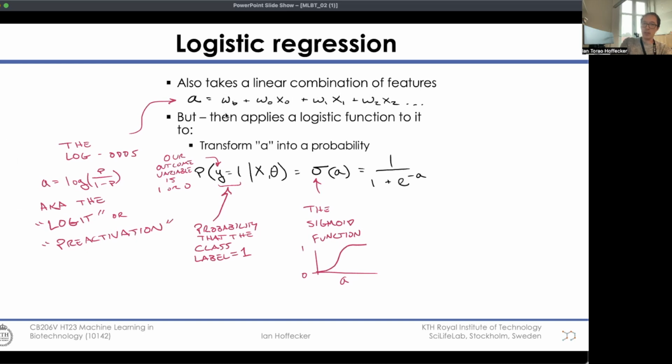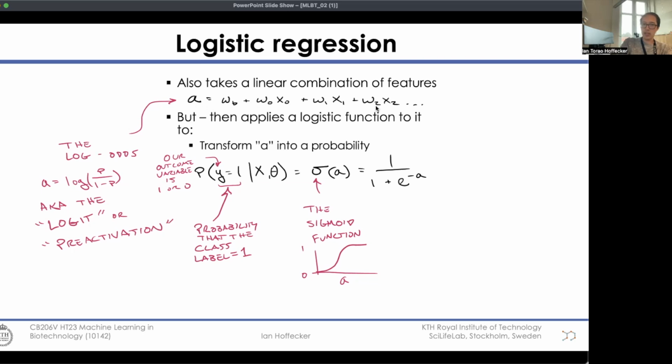And we have a term here, w sub b, or the bias term, which is again going to be our intercept or starting value. And instead of y here, we have this symbol a, and this is going to represent the logit or pre-activation function, also called log odds.